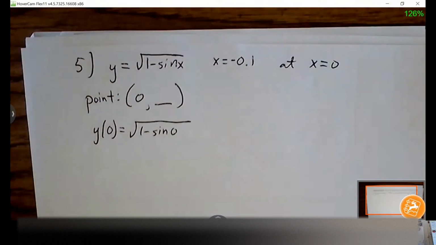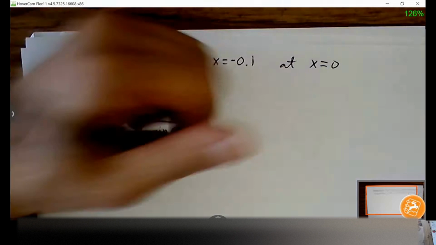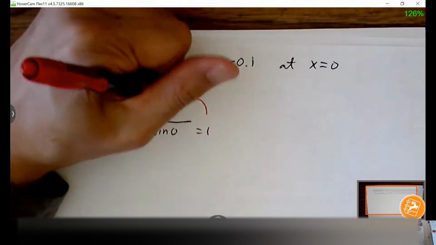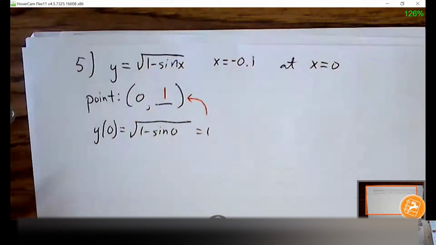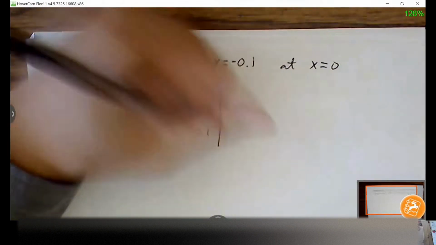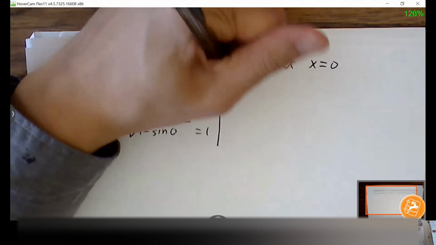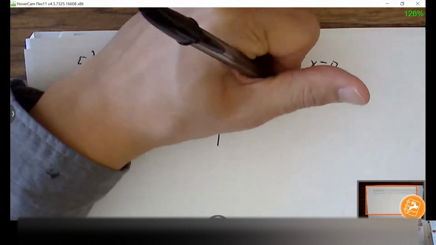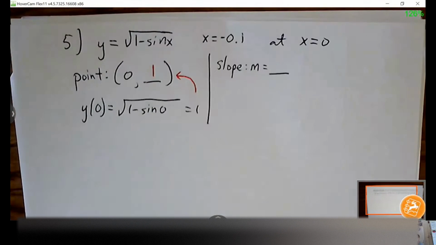Sine of 0 is 0. Square root of 1 is 1. So there's our y value. Okay, we also need to find the slope. But to find the slope, we have to find what?